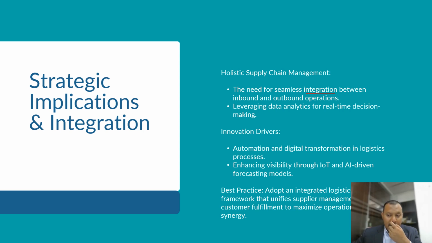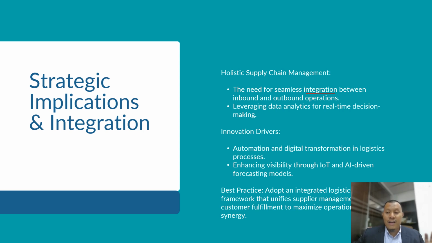The second one is enhancing visibility through IoT and AI, artificial intelligence driven forecast models. Adopt an integrated logistics framework that unifies supplier management. This will help maximize the operational synergy in inbound and outbound logistics.